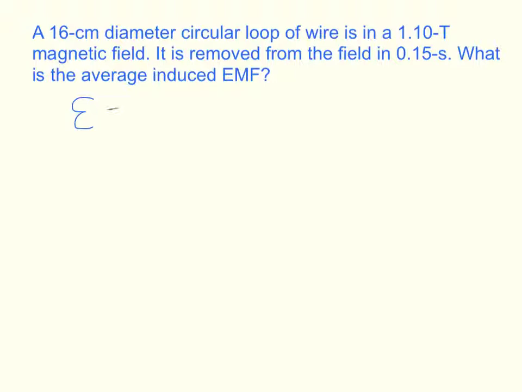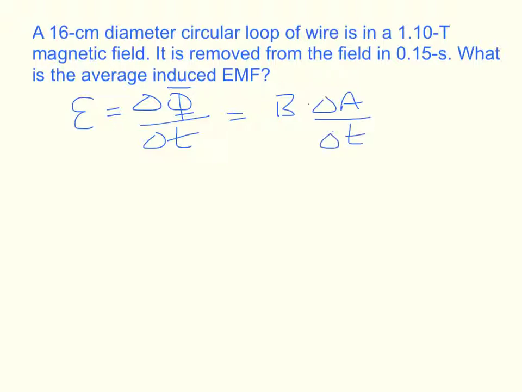We will use Faraday's law. So change in flux over the change in time. And again, in this case, we're looking at the change in the area over the change in time. So this is actually a very simple problem. The magnetic field is 1.1 teslas.